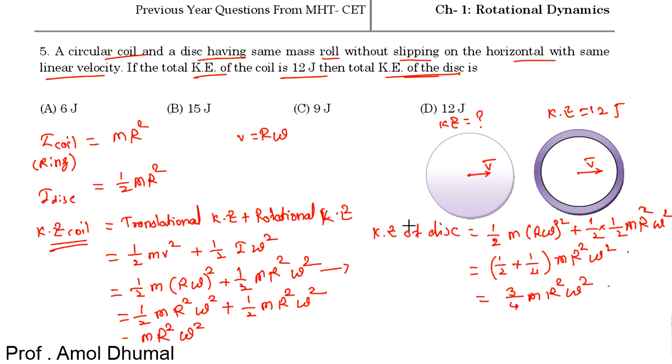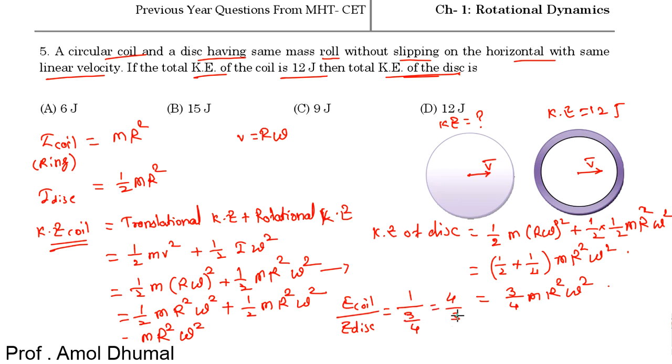So by taking this ratio, that is E coil upon E disk is equal to 1 upon 3 by 4, which is equal to 4 by 3. This is the ratio of E coil and E disk, 4 by 3.